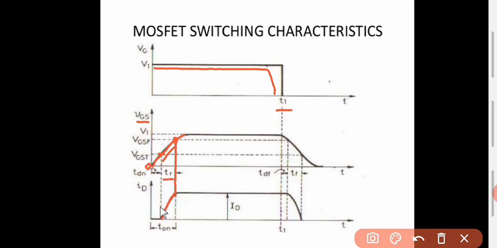The time before the drain current starts rising, from 0 to the start of conduction, is known as TDN, the turn on delay time. So the total time required to turn on the device is T on, which is the summation of TDN plus TR.